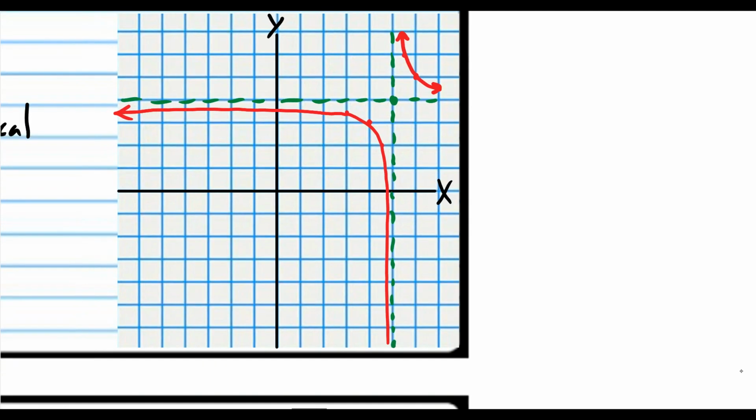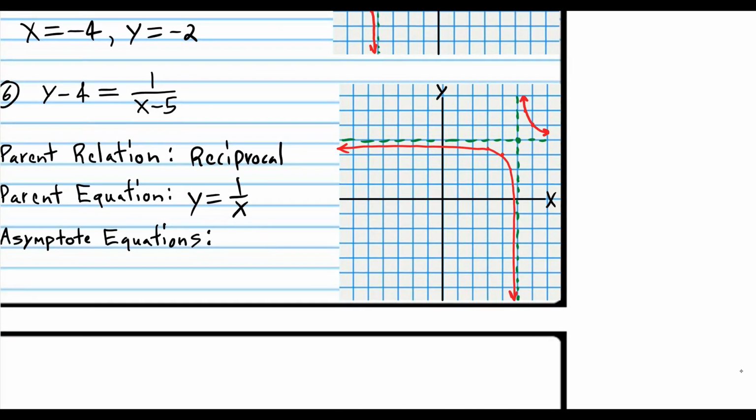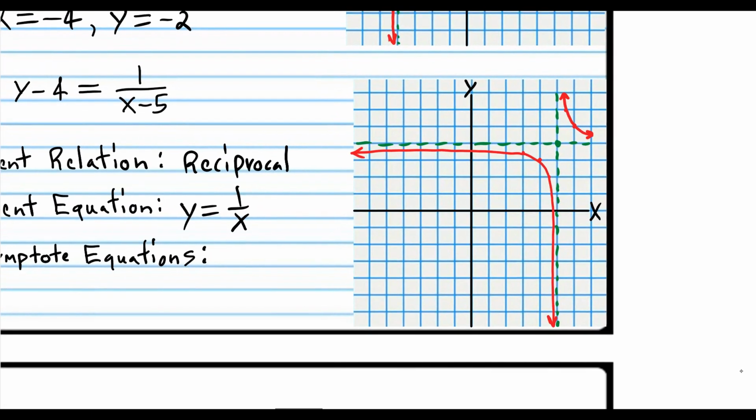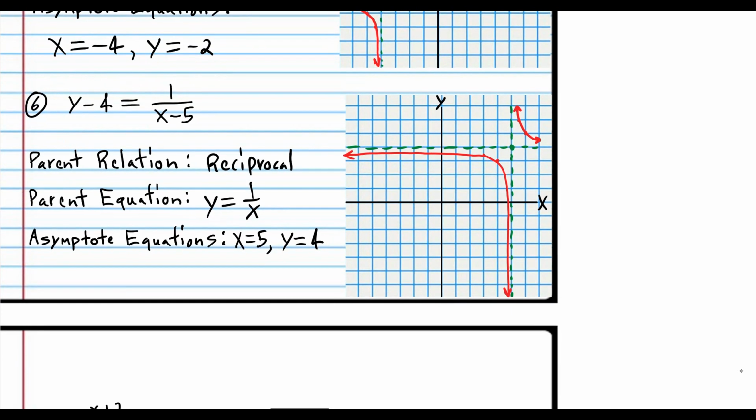And the arrows just mean that we continue, even though the window is ending. The equations of the asymptotes are x is equal to 5 and y is equal to 4. So if you got those answers, good job.